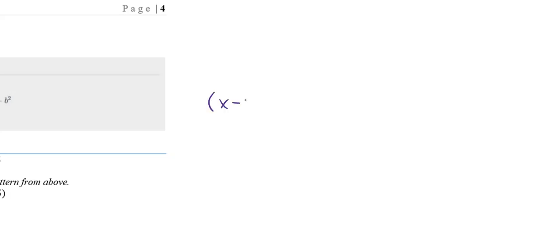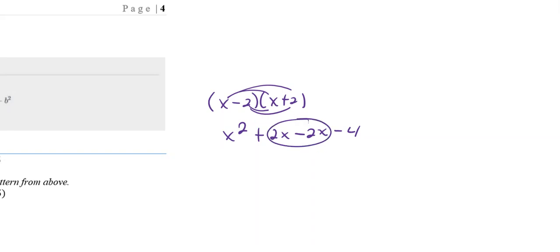Let's say I had x minus 2 times x plus 2, and I expanded this out. That would be x squared plus 2x minus 2x minus 4. Do you guys see that the middle terms would cancel? 2x minus 2x, they just cancel. So this would be x squared minus 4.